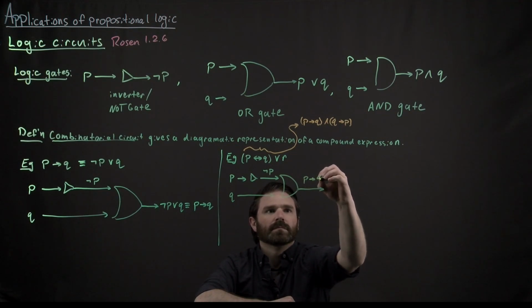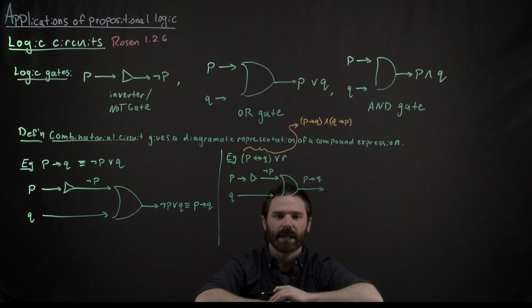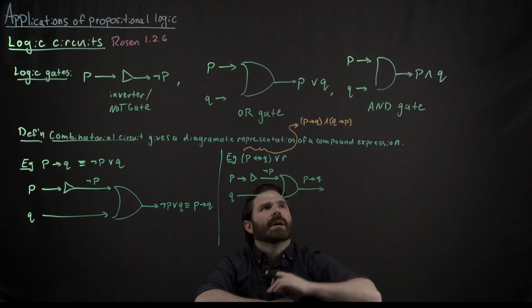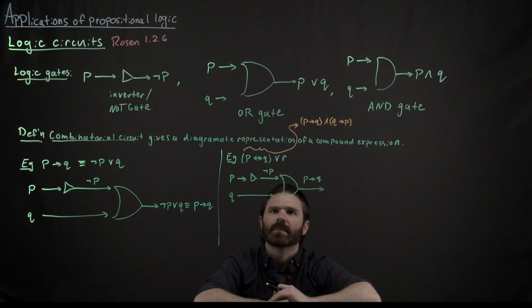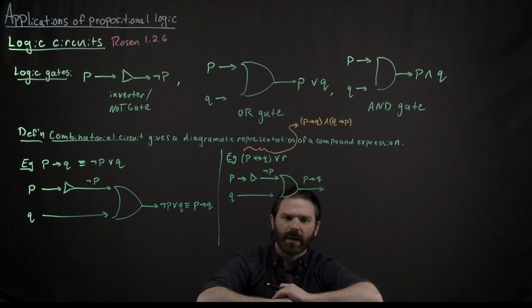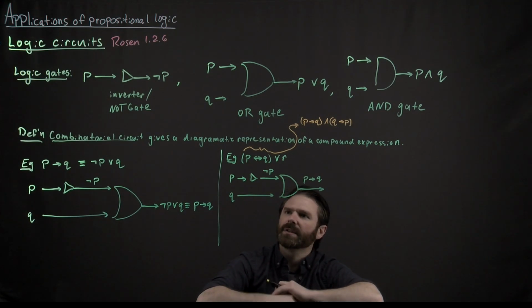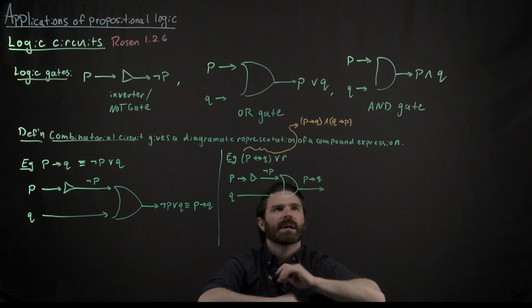And I get P implies Q. Okay, that's fine. But then I need to combine it with a Q implies P. With a Q implies P, that's basically the same diagram, but all I need to do is reverse the roles of the P and Q, because they're on opposite sides of this arrow.